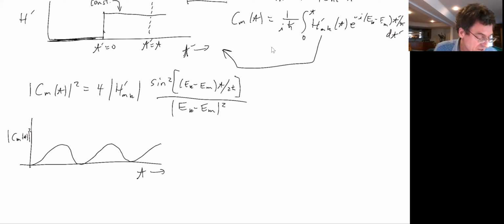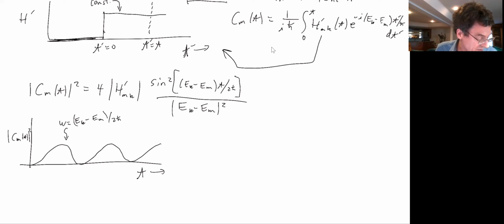And you can see what the frequency is. The frequency is going to be omega equal to Ek minus Em over 2 h bar.